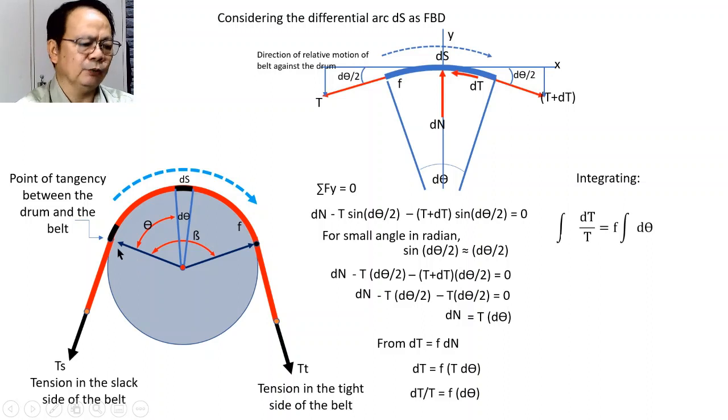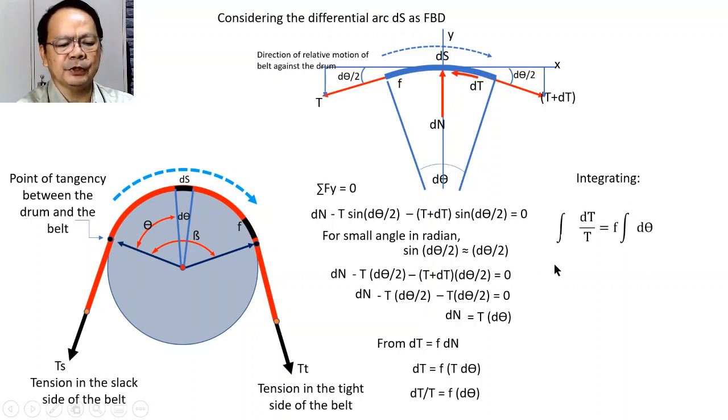Imagine that we have here our limits of integration. We integrate from this side, at the point of tangency between the drum and the belt, up to the other side, the point of tangency between the belt and the drum, such that at this point our theta is 0 and the tension is T sub s, while at this point our theta is already equal to beta and the tension is already equal to T sub t.